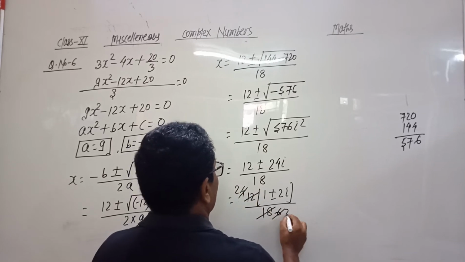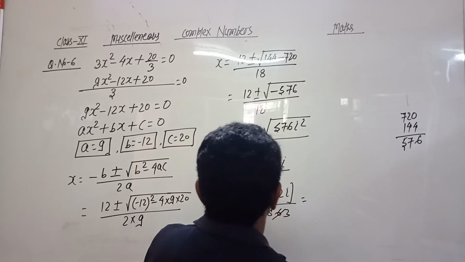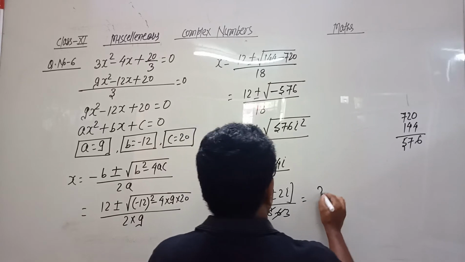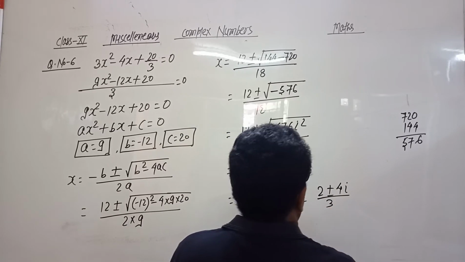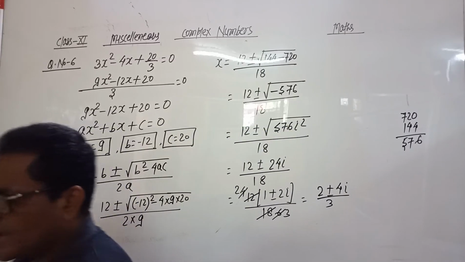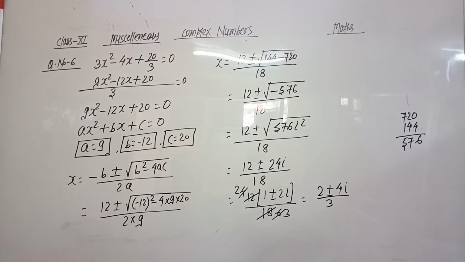So we get 2 and 3. So we get 2 multiplied by (1 plus minus 2i) upon 3, that is 2 plus minus 4i upon 3. So this is the value of x.